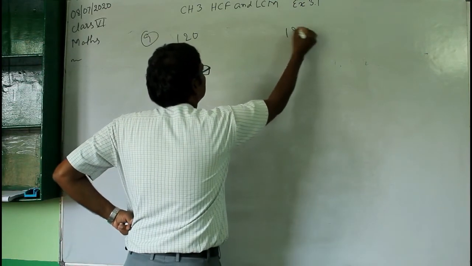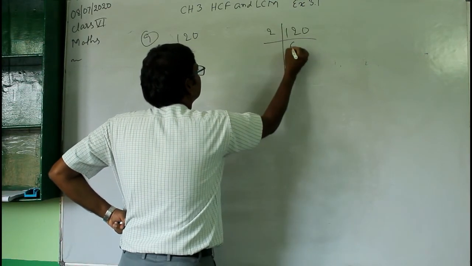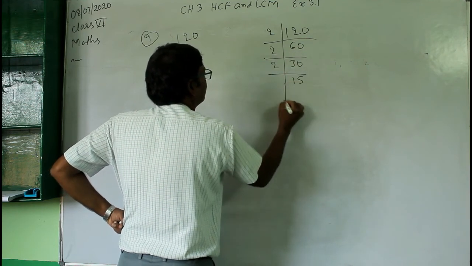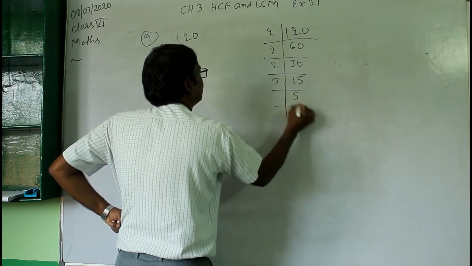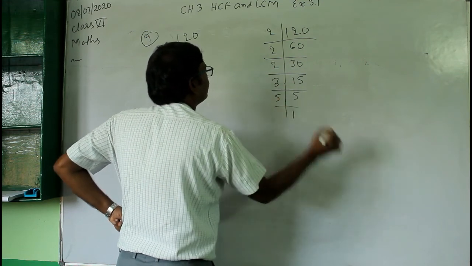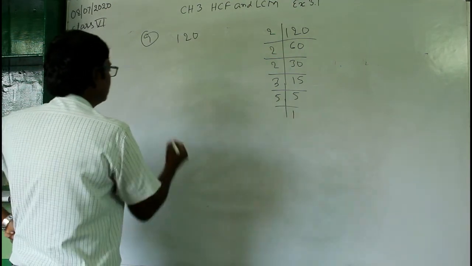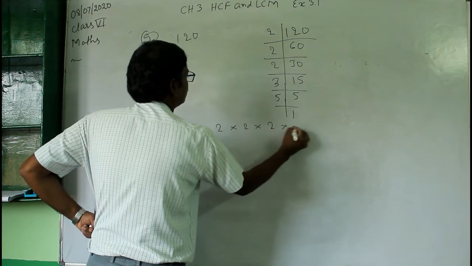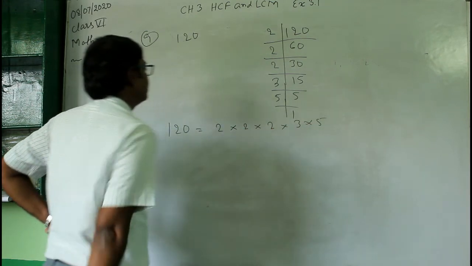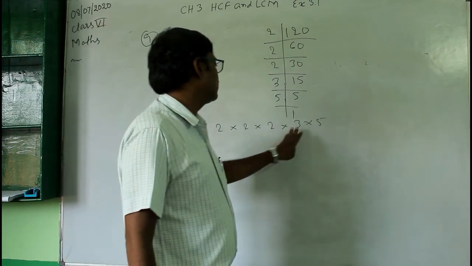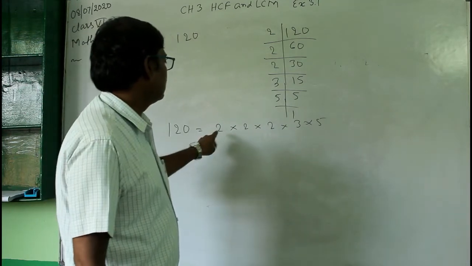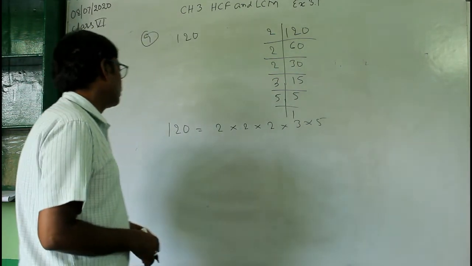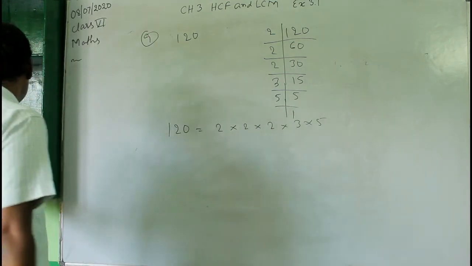So first find the prime factorization. So this is the prime factorization. Therefore, you will write 120 as 2 into 2 into 2 into 3 into 5. So here see that 2, 2, 2, 3 and 5, all these are prime numbers. So this is the answer of this question.